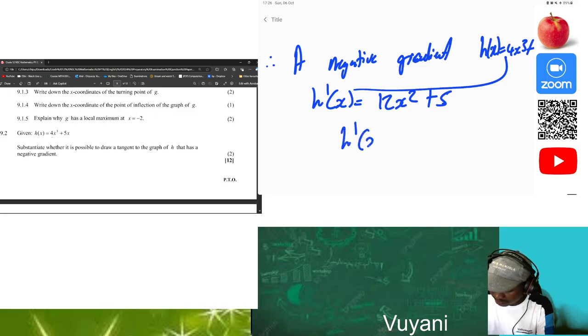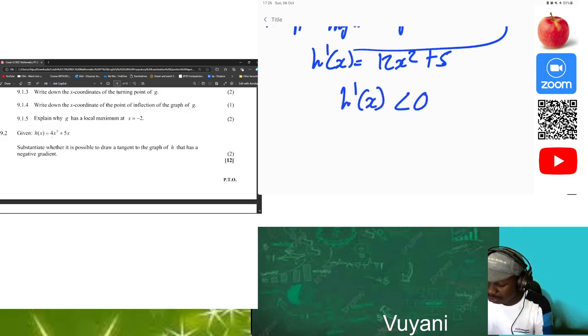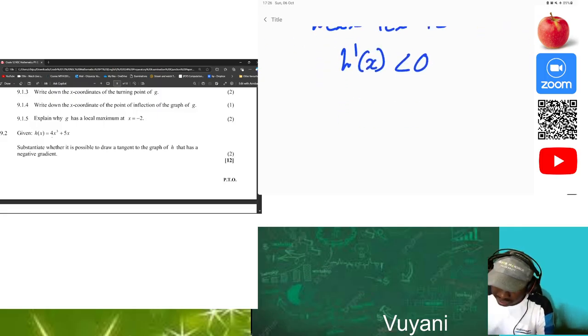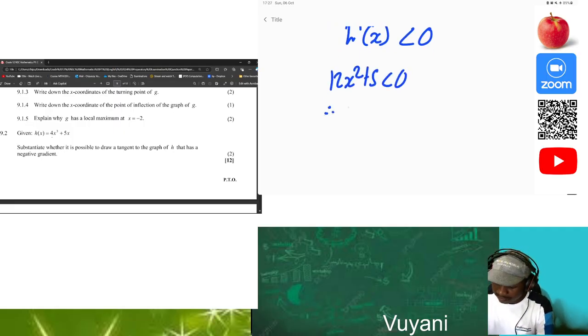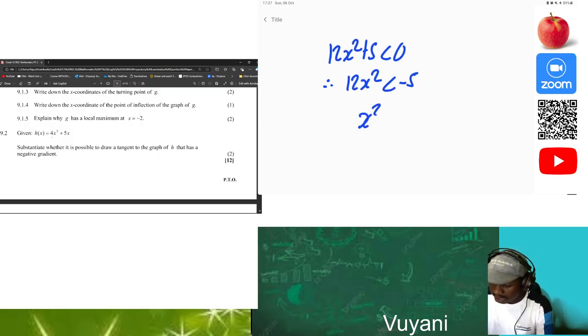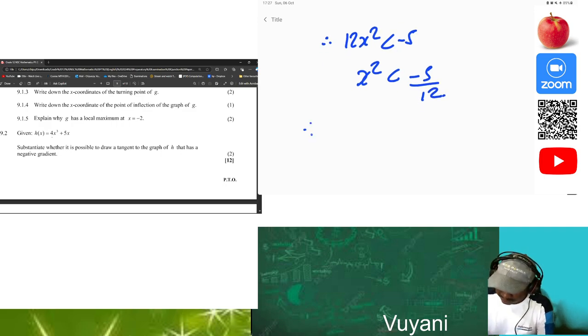And your h prime of x should be less than 0. That shows us our negative gradient over there. So that will give us 12x squared plus 5 is less than 0. Then we can see that therefore our 12x squared is less than -5. Then your x squared will be less than -5 over 12. So we can see that therefore this is impossible.